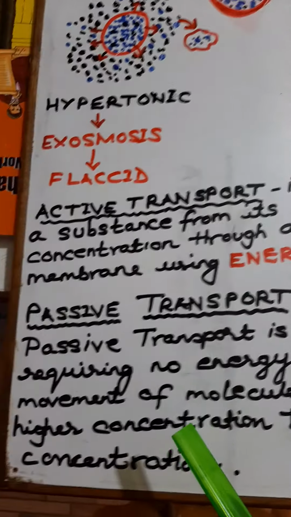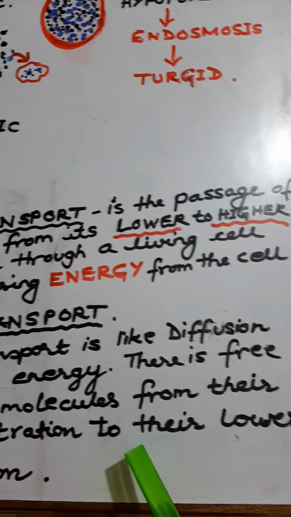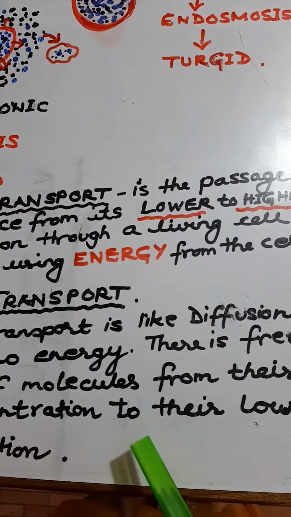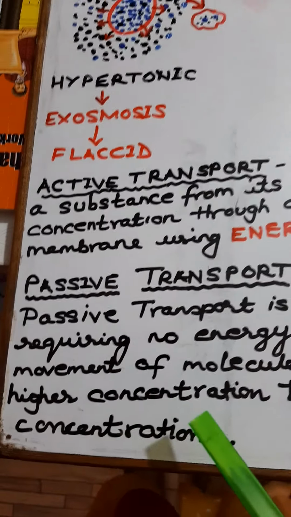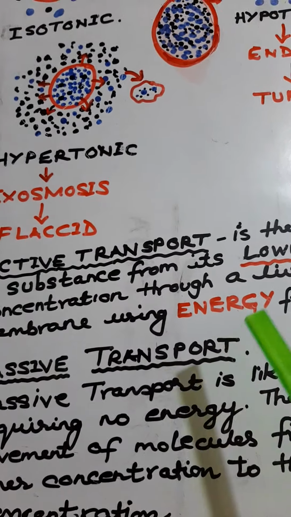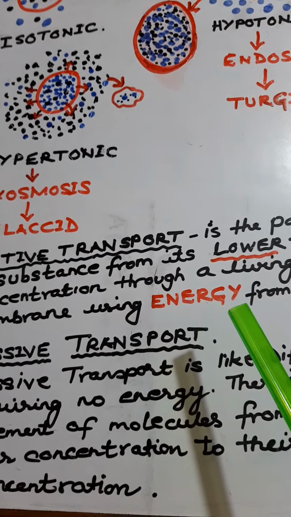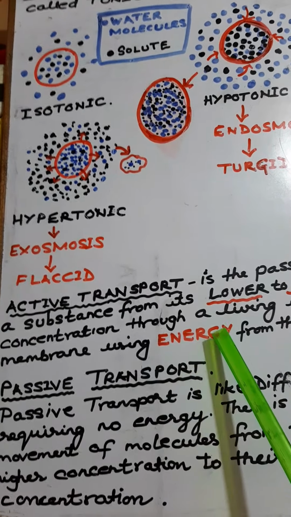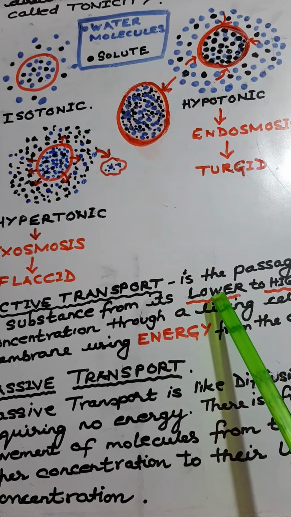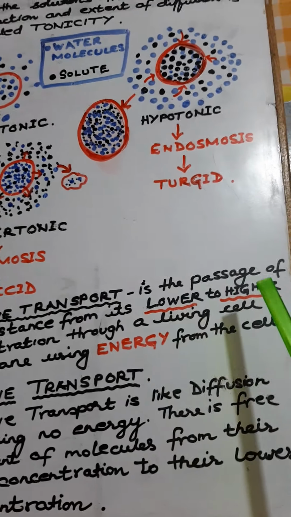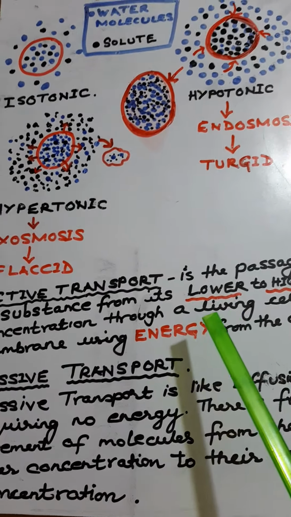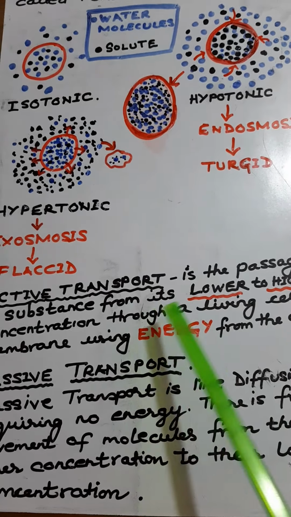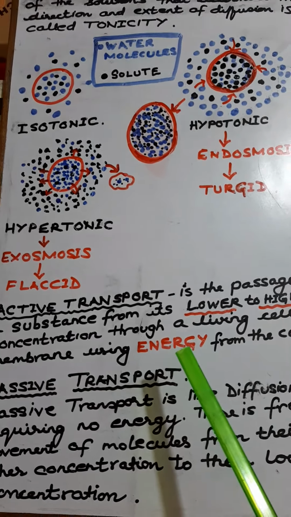There is free movement of molecules from their higher concentration to their lower concentration. So passive transport and diffusion are very much similar. Active transport is just that the molecules move from a lower concentration to a higher concentration, and they require energy. And how does it happen? Through a living cell membrane.